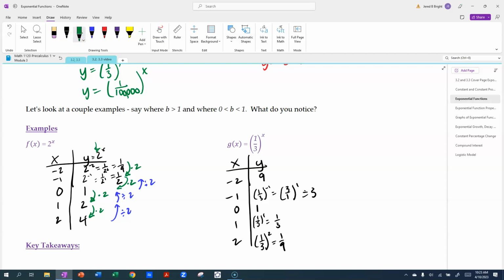From 1 to 1/3, I multiply by 1/3. From 1/3 to 1/9, I multiply by 1/3. 3 to 1, multiply by 1/3. And 9 to 3, multiply by 1/3. Yep, works out for me.